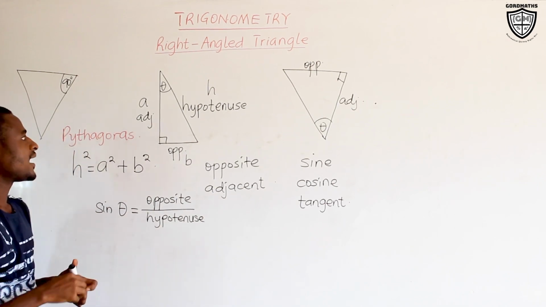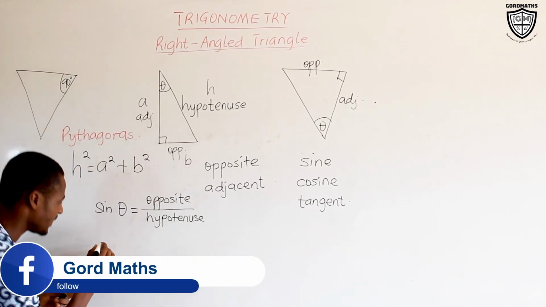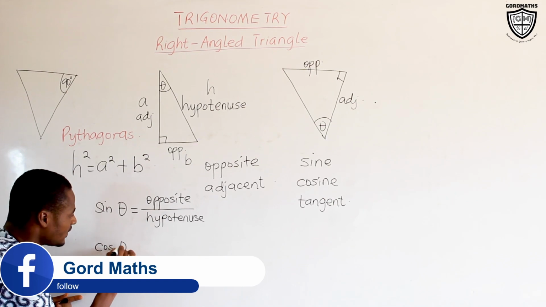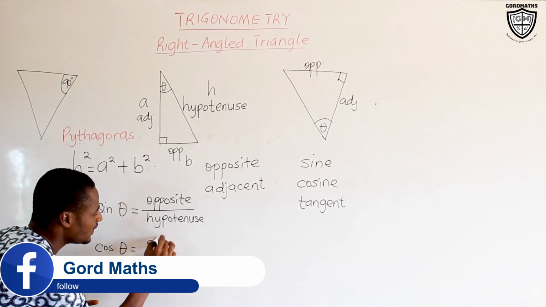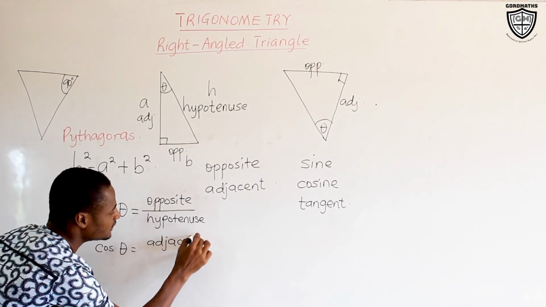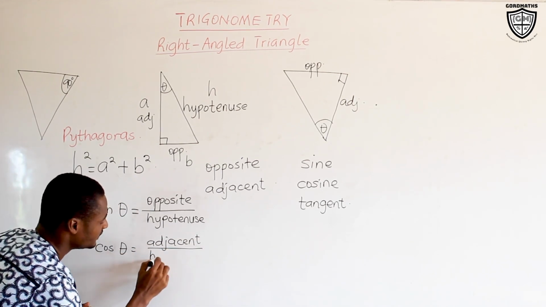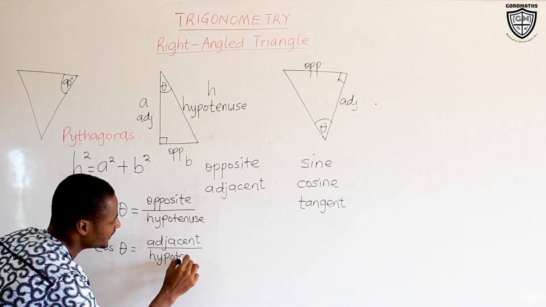The cos of the angle theta is given by cos theta is equal to the adjacent over the hypotenuse.